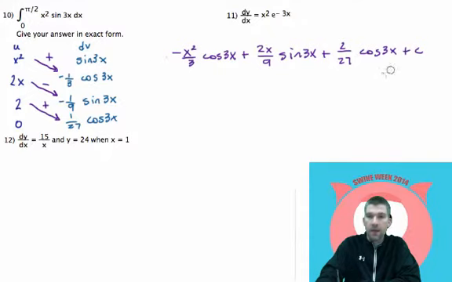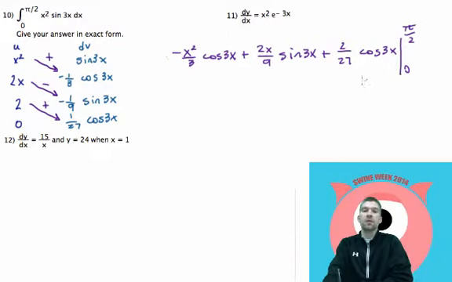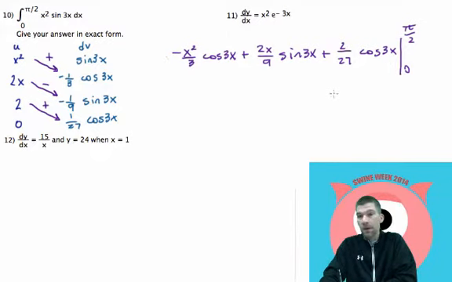And we're going to evaluate that from 0 to pi over 2. Okay? So it's just going to be start minus stop. Stop minus start. It's early. Stop minus start. So we're going to start with the pi over 2 part.